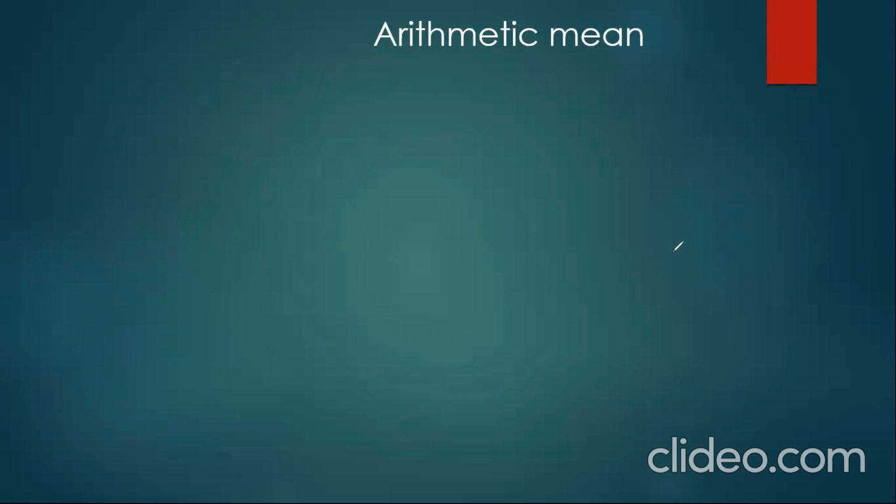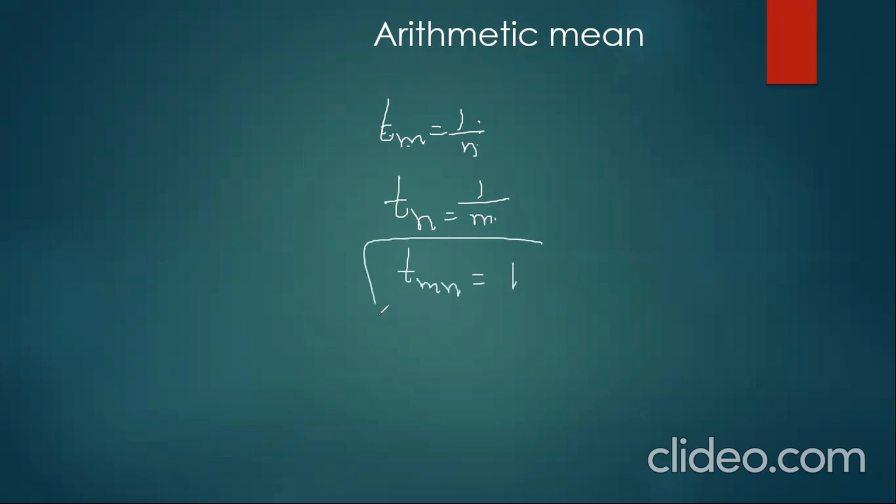Some important points related to this AP: if you take Tm equal to 1 by n, that is the mth term is 1 by n and the nth term is 1 by m, then Tmn, the mnth term, is always 1.